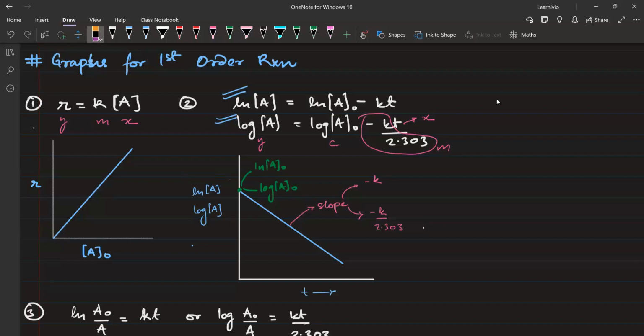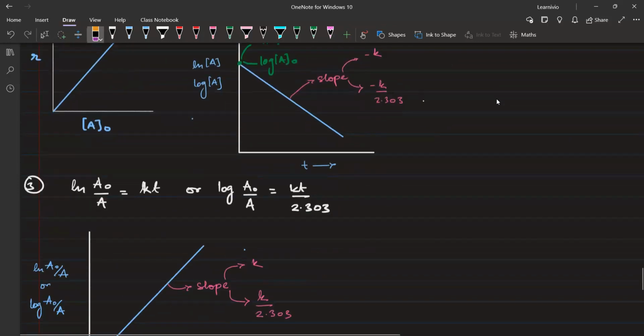Similarly, the intercept will be ln A naught for the first equation and log A naught for the second. The slope will also change. In the first case, the slope will be minus K, and in the second case, the slope will be minus K upon 2.303, because t is the x-axis, and whatever is with the x-axis is the slope. So हमारे पास x के साथ है minus K upon 2.303. So this is the slope here.